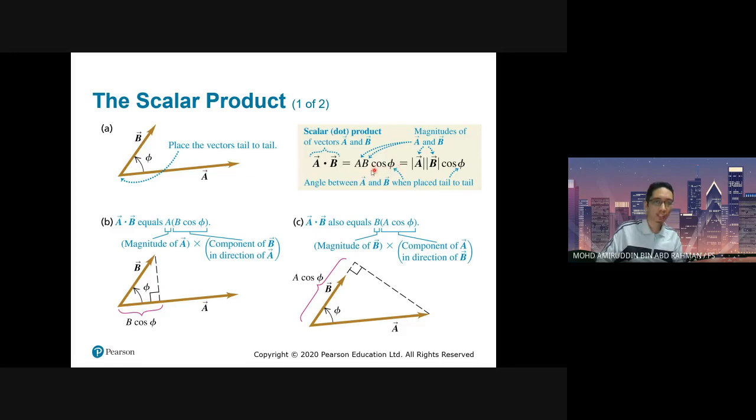Phi is the angle between vector A and B. You connect the tail to tail of vectors A and B and make the angle between them. That's the phi.